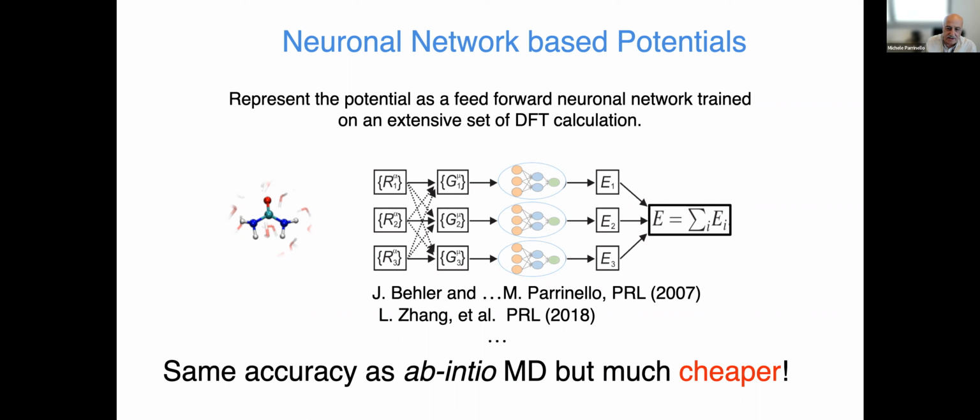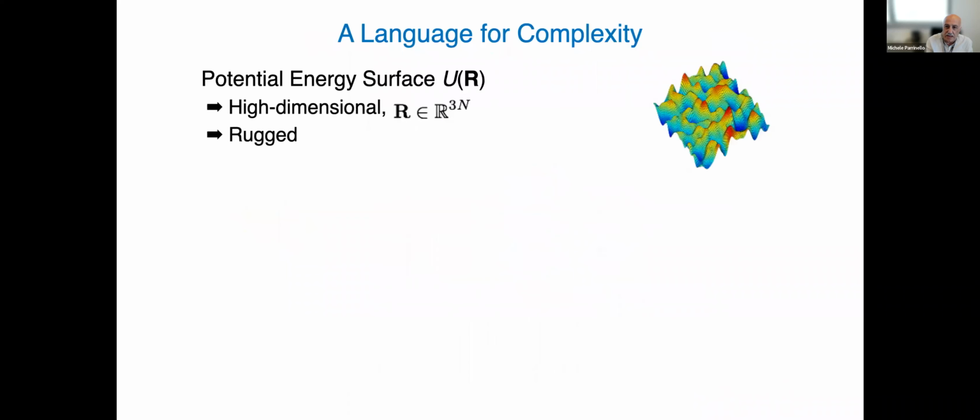Of course, you have to train, you have to decide which configuration you train your neural network on, but at the end, it's much cheaper than running a full ab initio calculation, and many applications have been made and many more will be possible in the future.